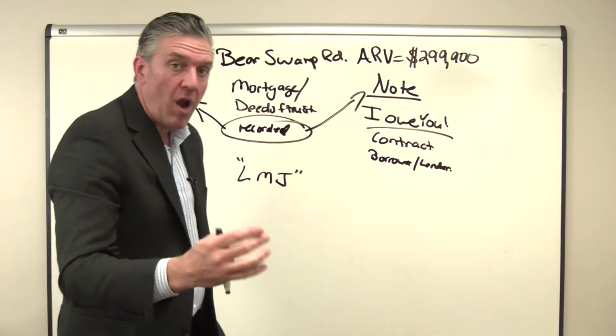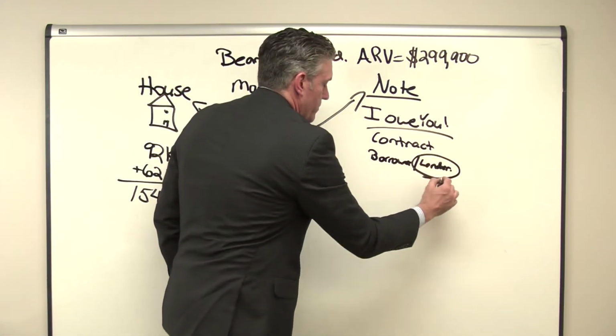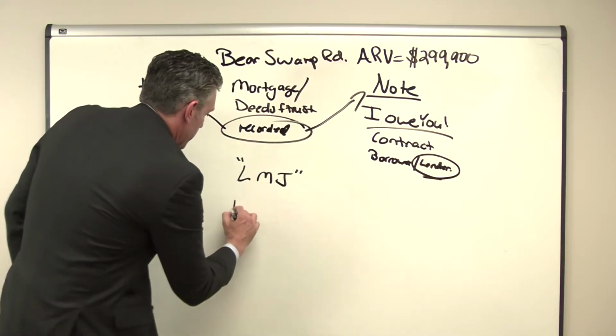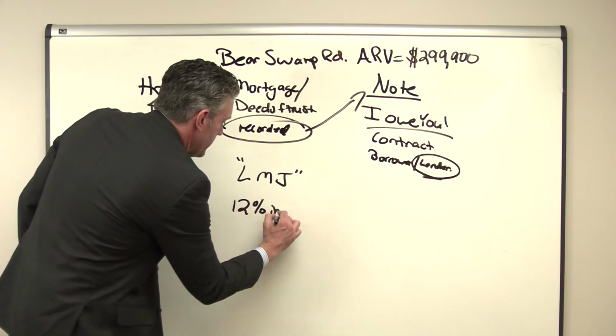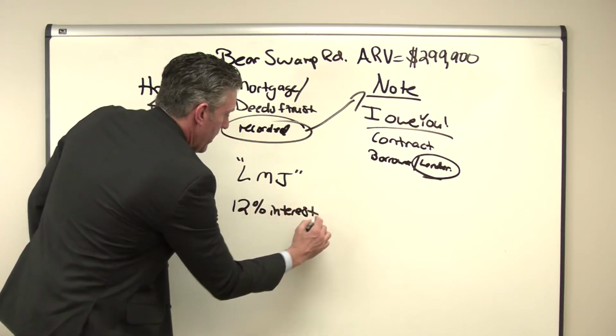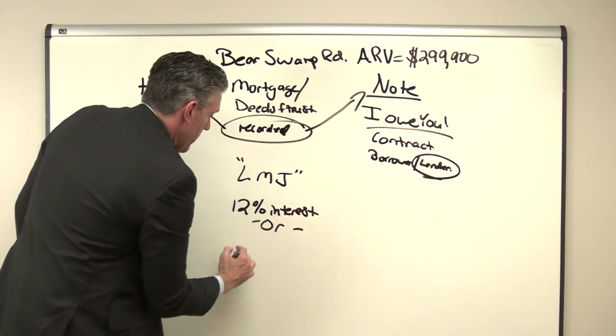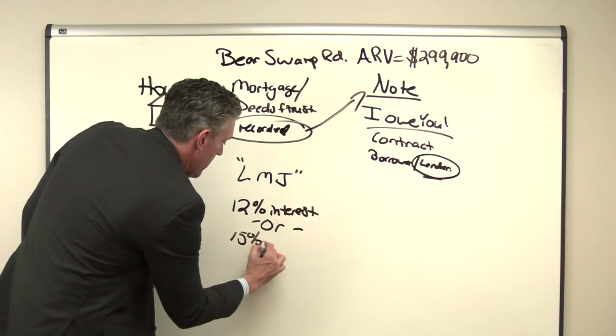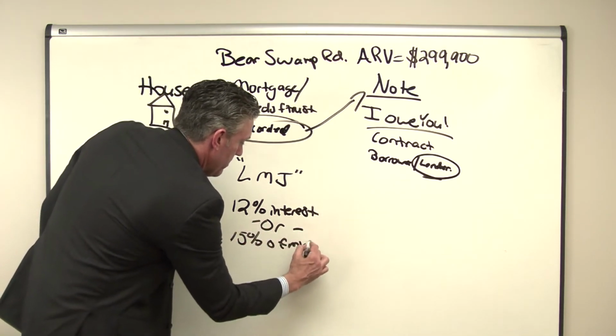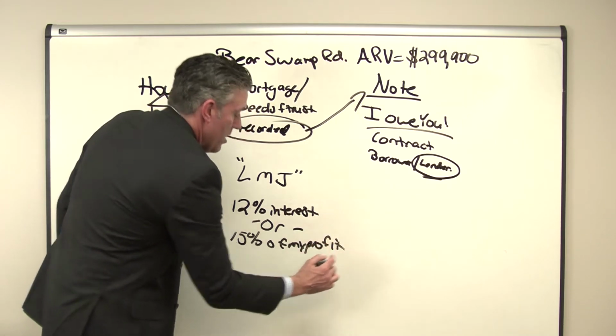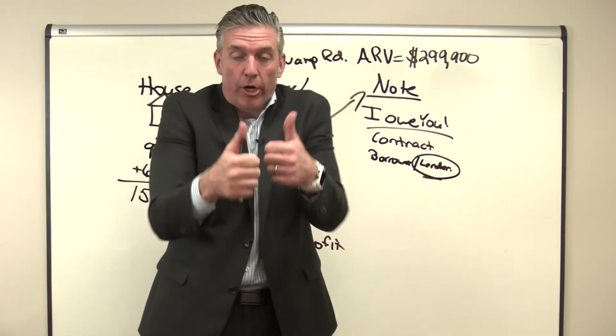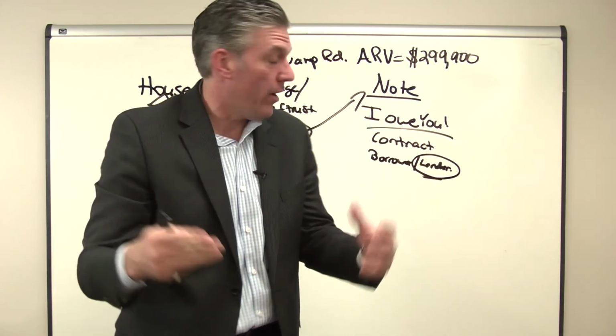So what I do is I promise this lender, okay, I promise him 12% interest, or 15% of my profit, okay, whichever is higher, whichever is bigger, whichever is better, okay?